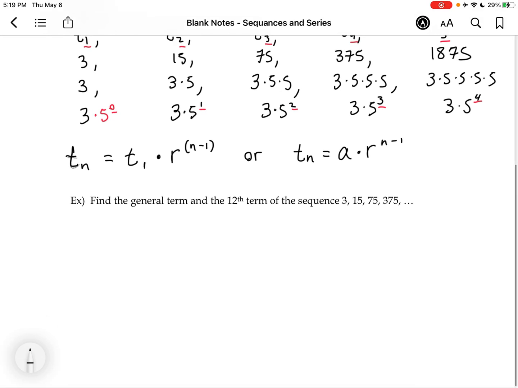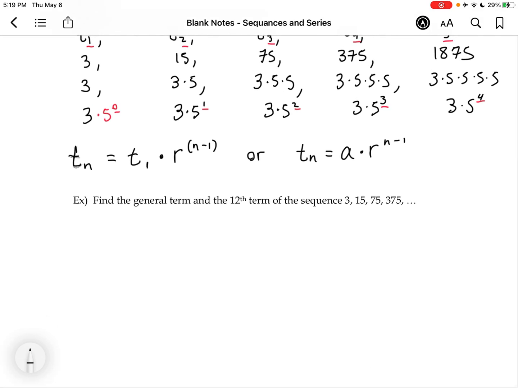Okay, so for example, if we want to find the general term and the 12th term of the sequence 3, 15, 75, 375, etc. The general term would be Tn equals 3 times 5 to the n minus 1. That's the general term. And the 12th term is going to be 3 times 5 to the 12 minus 1, which is 3 times 5 to the 11.